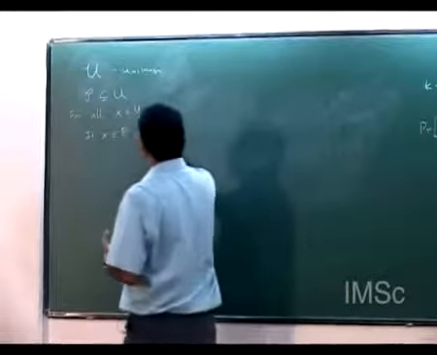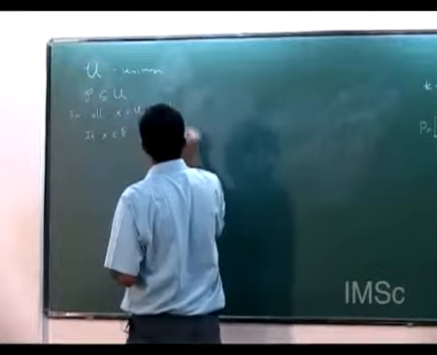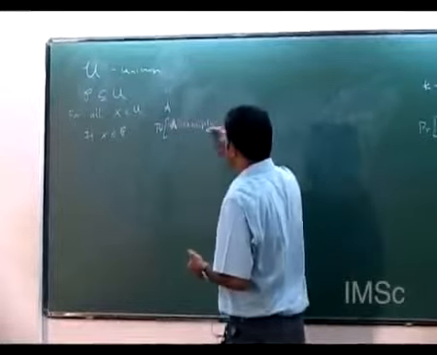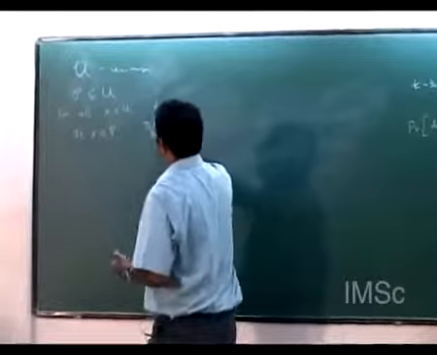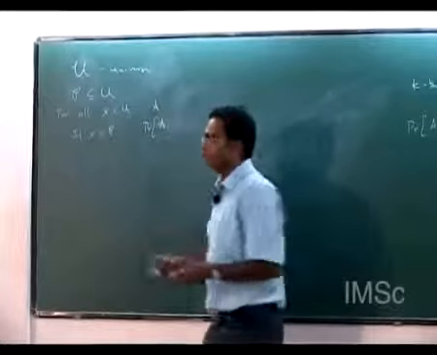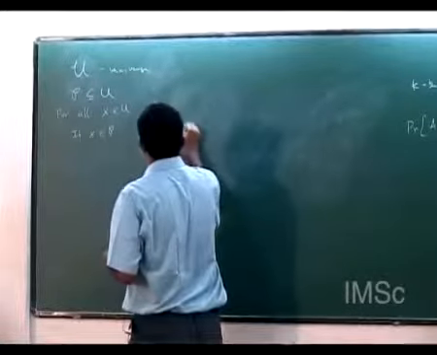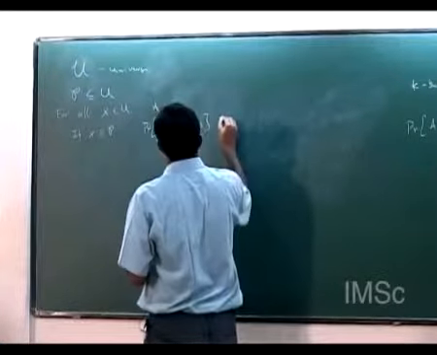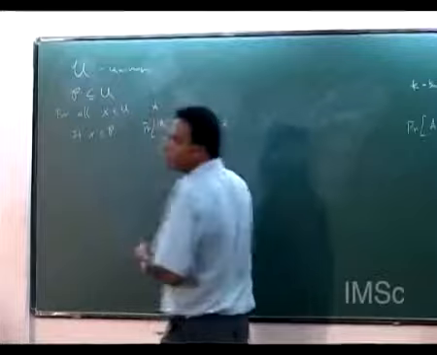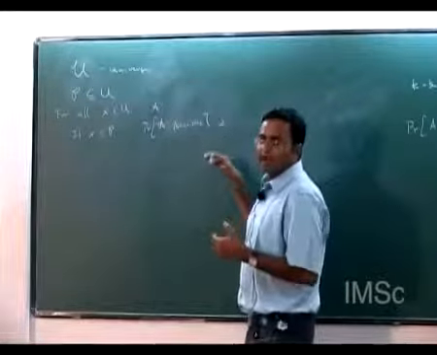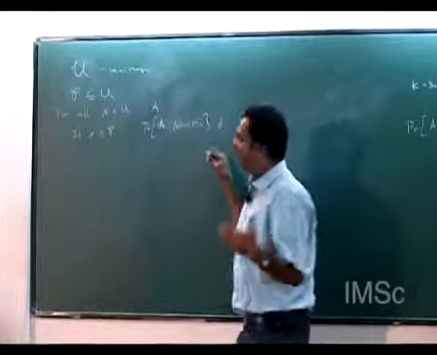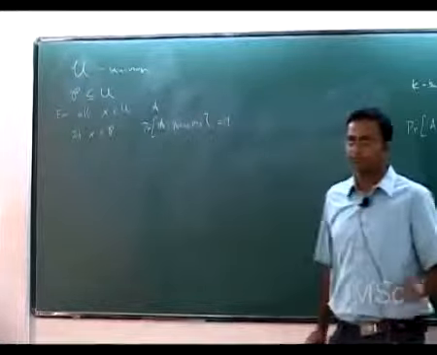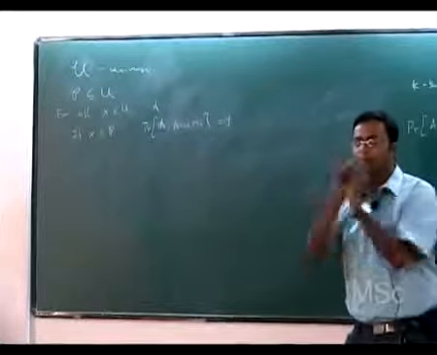The probability that A accepts x should be 1, let me just write down 1 for now. So if it has the property, I want to accept it always.